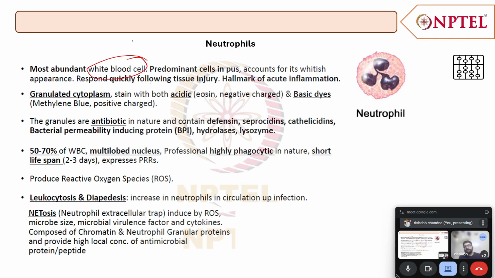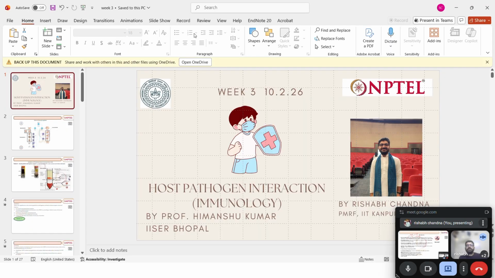Talking about WBCs first, the cells in the blood are basically divided into three types: WBCs, then we have the RBCs, and the platelets.